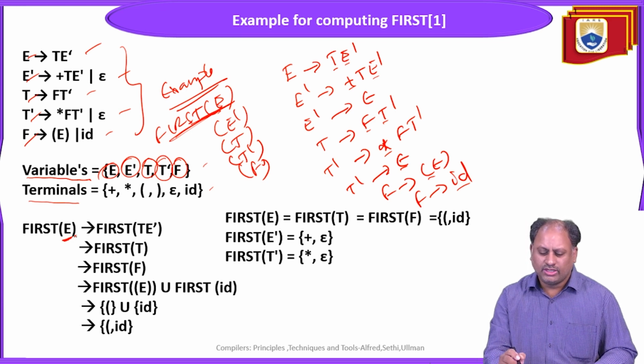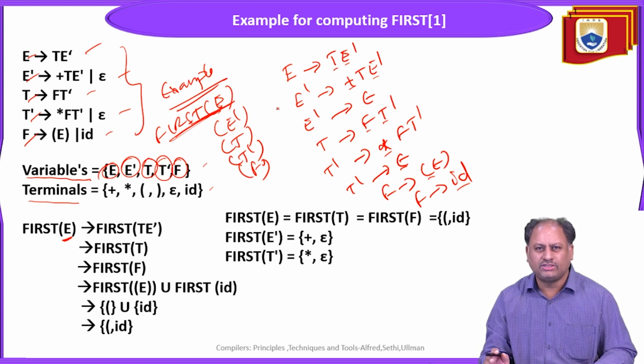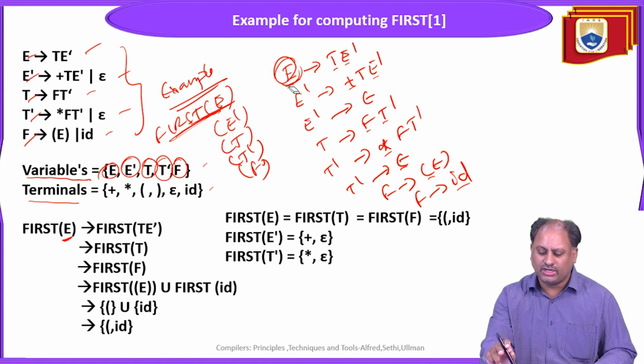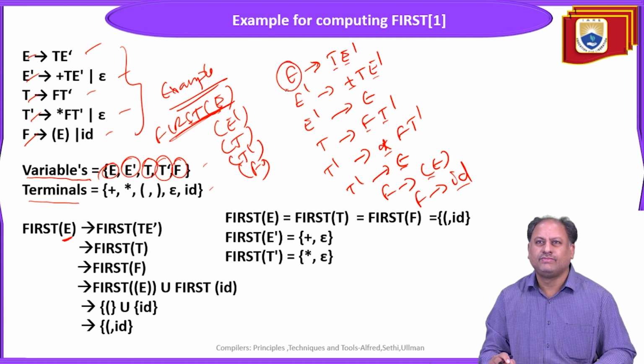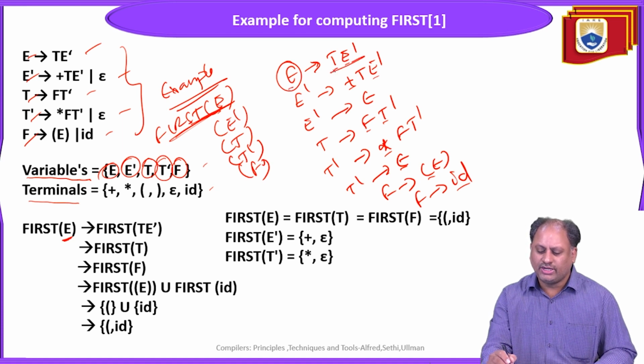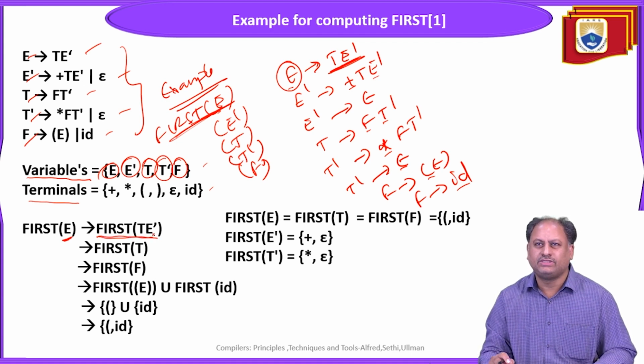We have to verify the left hand side of the given production. Here this is the variable on the left, so we consider this as the first of E. What is the first of E in this production? T E dash. So that's why we have marked the computation as T E dash.